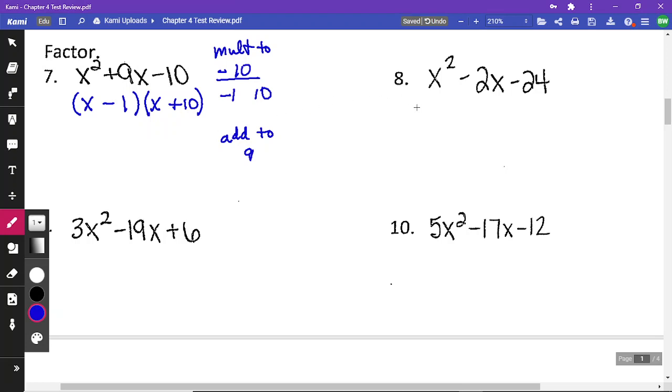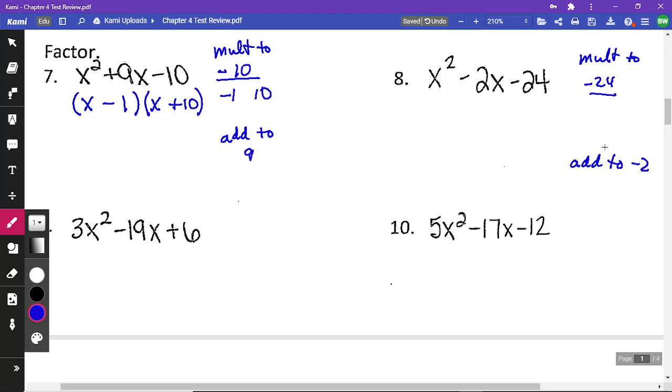Okay, so let's do number 8. This one's the same type of situation. A is 1 again. So we need numbers that multiply to negative 24, and the numbers we're looking for add to make negative 2.